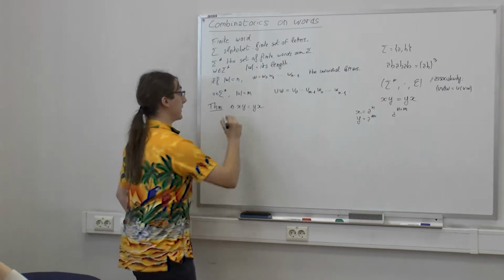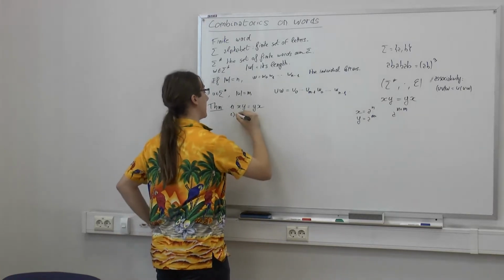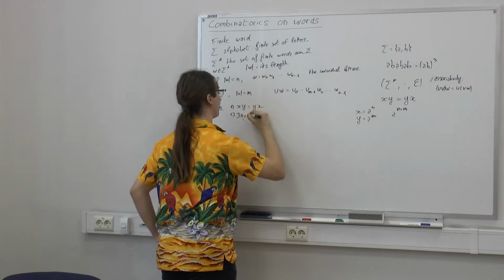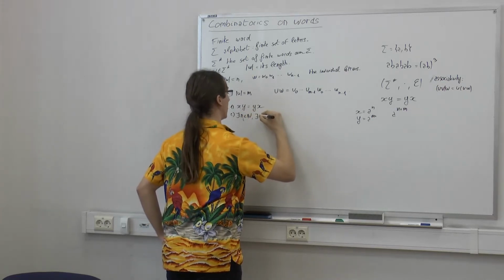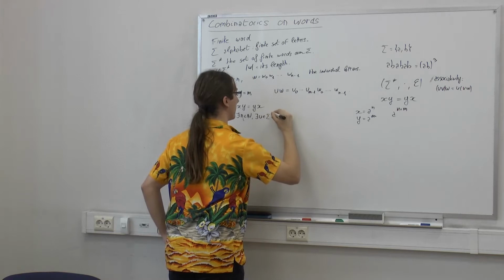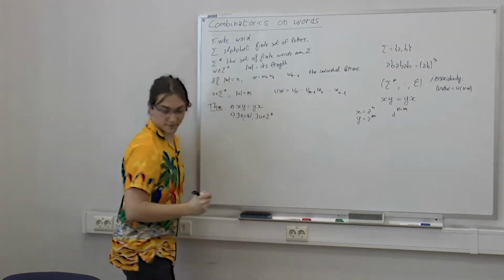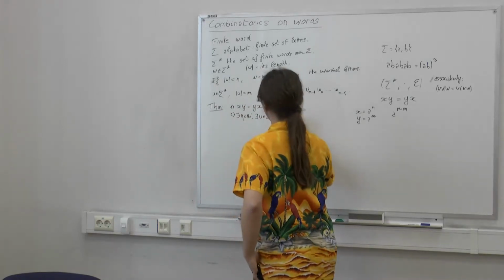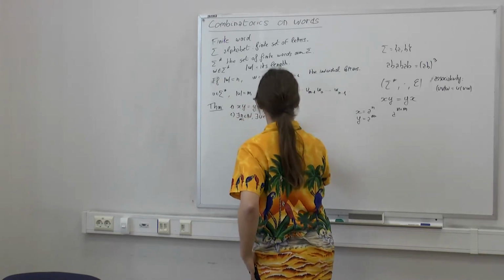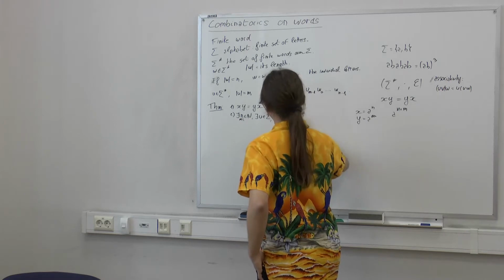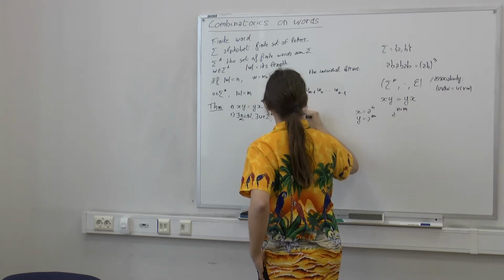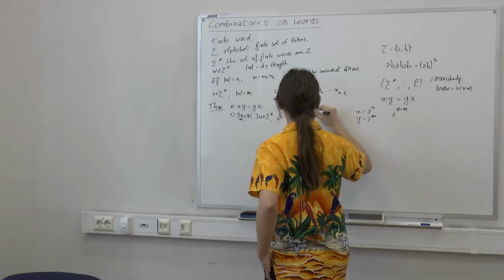Second, there exists an integer n and an integer m and a word u such that x is equal to u to some power m and y is equal to u to some power n.